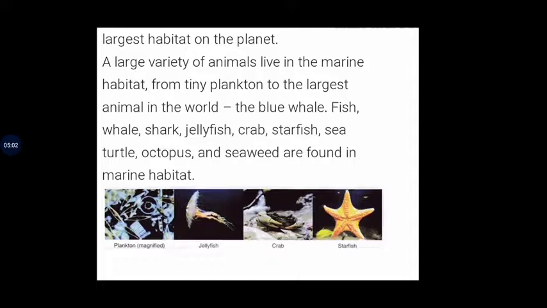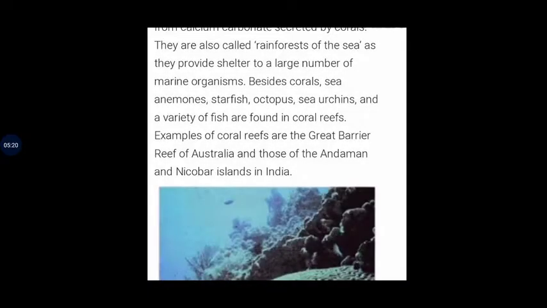The largest animals include the blue whale and the large shark. Fish, whales, crabs, starfish, sea turtle, octopus and seaweeds are also found in the marine habitat. So this was the marine habitat.